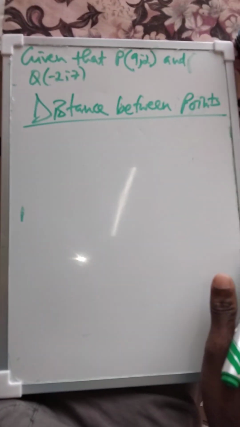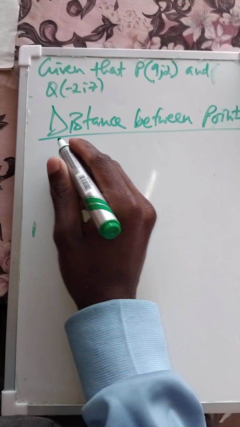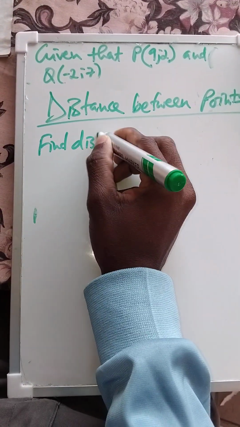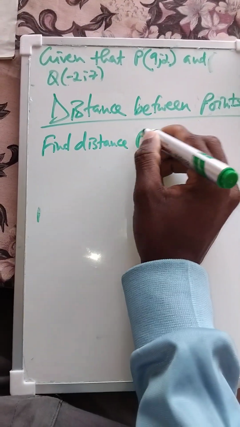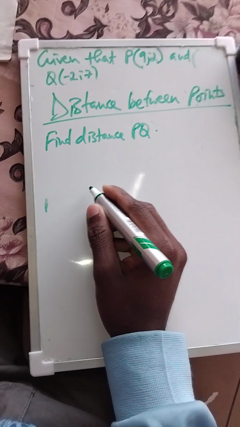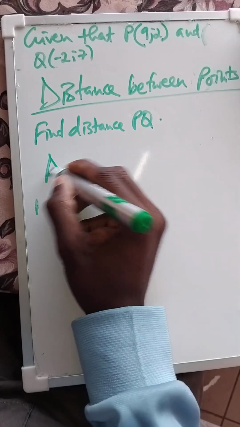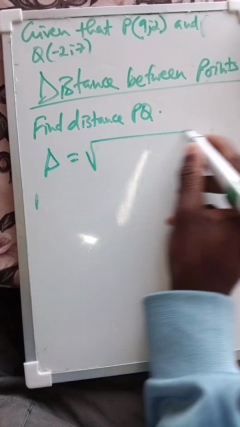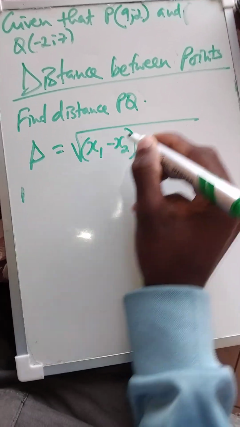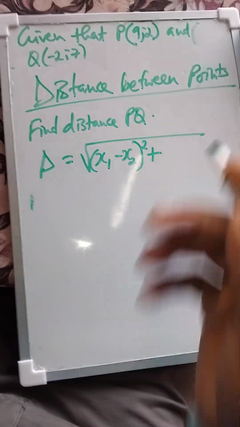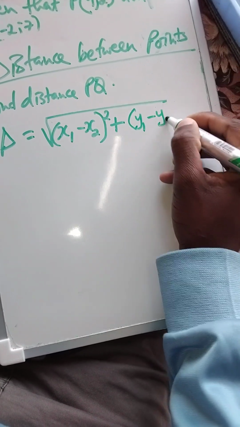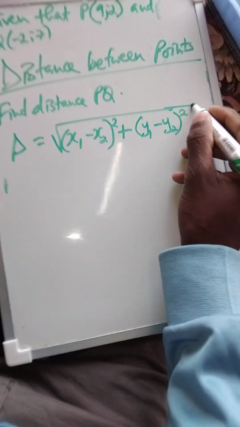Right, distance between points. Let's find the distance PQ. Our formula for distance is the square root of x1 minus x2 squared plus y1 minus y2 squared.